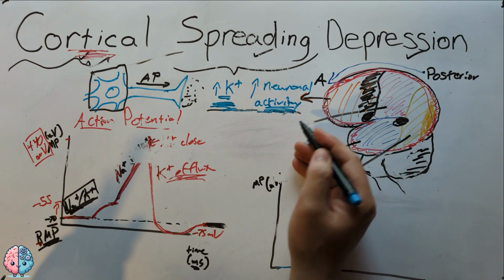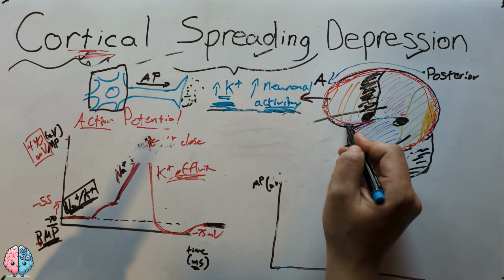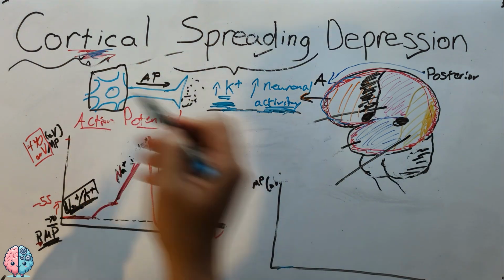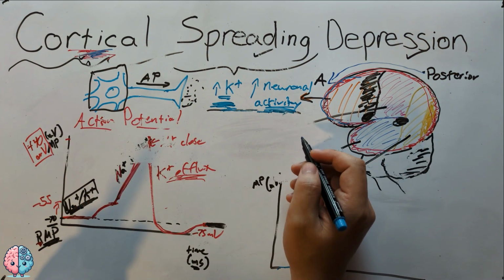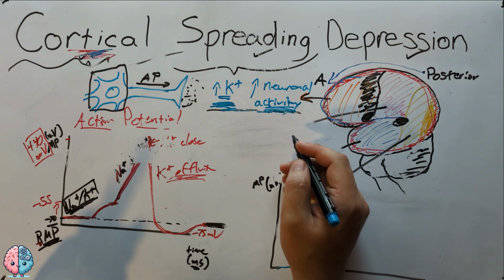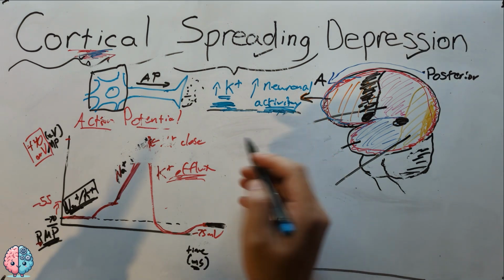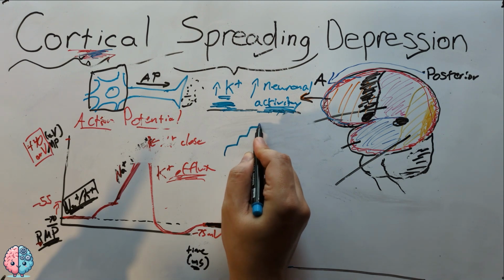But why these various triggers? Well, the cortex, again, because we know it happens in the cortex, right? Cortex is complex, and disruptions in ion balance or excessive neuronal activity will result in creating this tipping point.